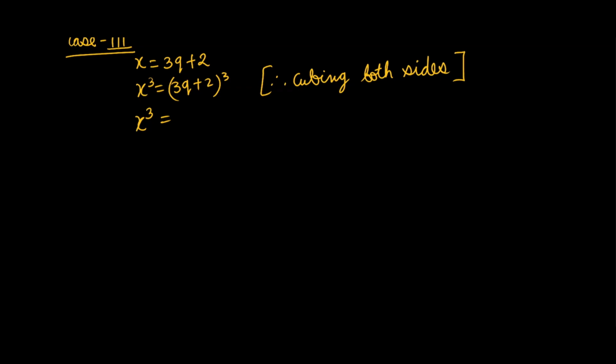So a cube: 3 3s are 9, 9 3s are 27, cube, plus b cube is 2 2s are 4, 2s are 8, plus 3a square b. 3 3s are 9, 9 3s are 27, 27 2s are 54 q square, plus 3 3s are 9, 9 4s are 36 q.